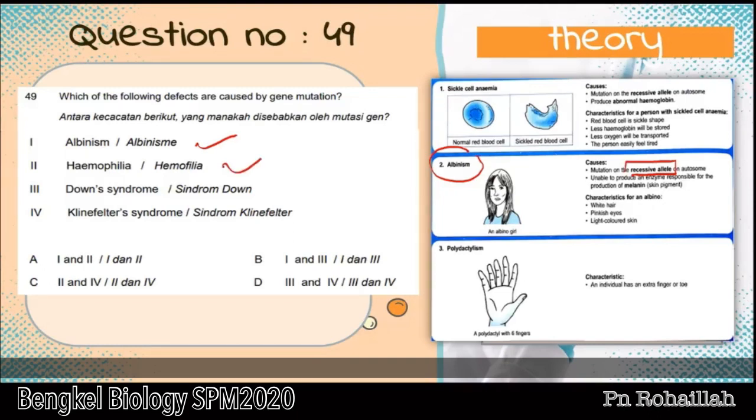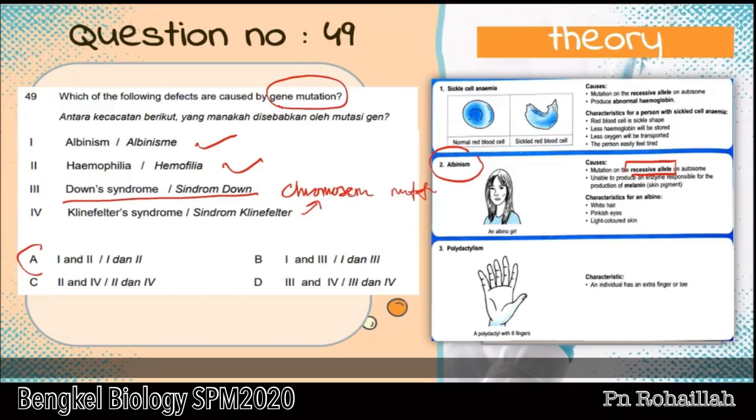Down syndrome is a chromosome mutation. Klinefelter syndrome is also chromosome mutation. They ask for gene mutation. We have two types of mutation, isn't it? Gene and chromosome. So the answer is A.